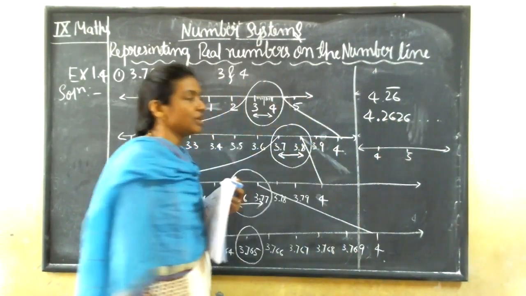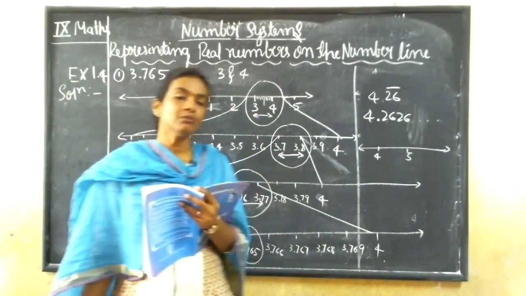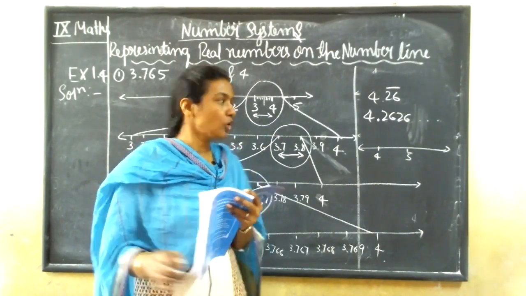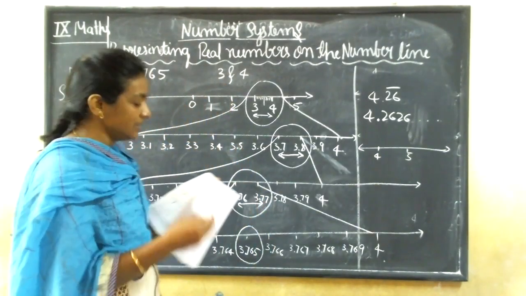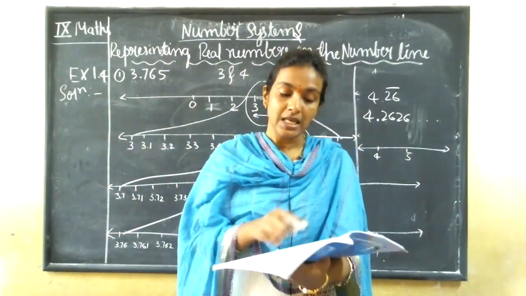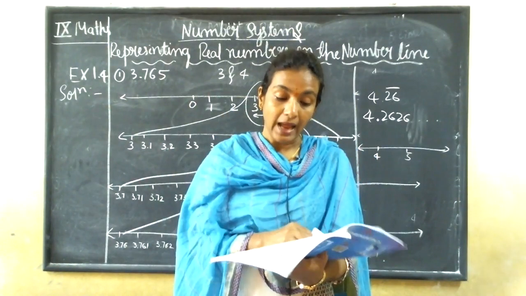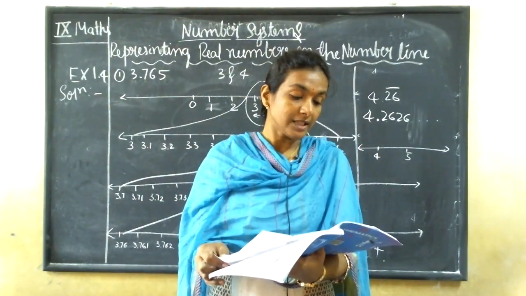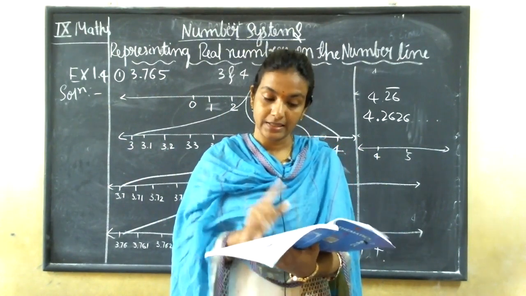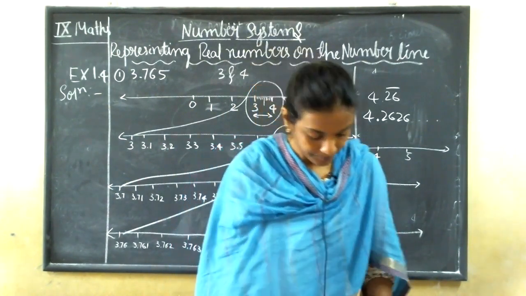So this is how you need to do that one. Take minimum 3 to 4 digits, that is enough. Clear my point? I hope it is clear and you will do that. So homework is this second one, and in the textbook there is an example, 2.665. That also you can do. Clear?